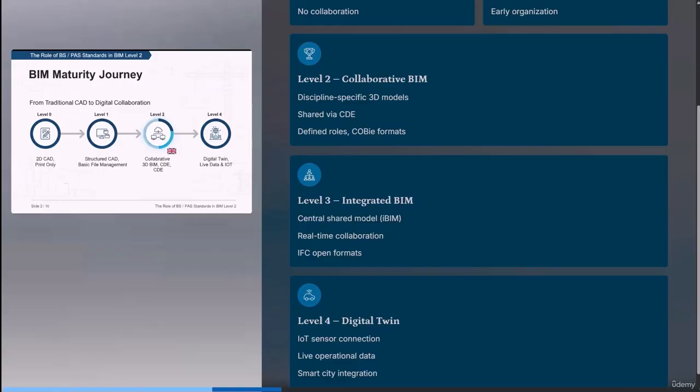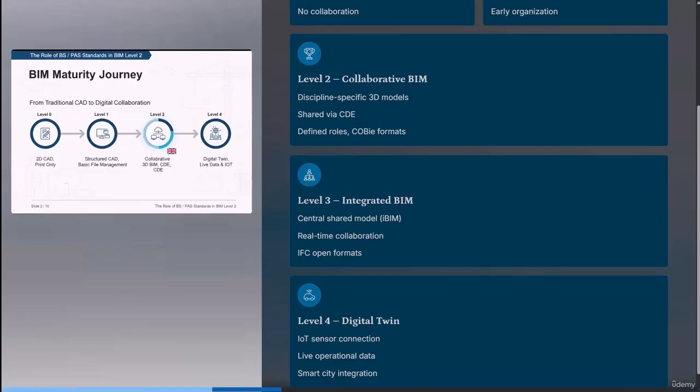And you should know that these files are shared in CDE or Common Data Environment. And this is where the real collaboration begins. And as mentioned, defined rules. We got COBie formats that I want to talk about later in the following sessions. But COBie is a smart table which helps and enables the employer to manage the construction or the building better.